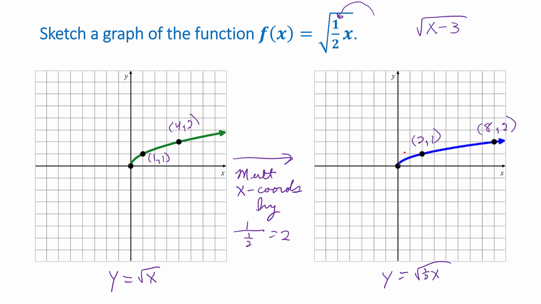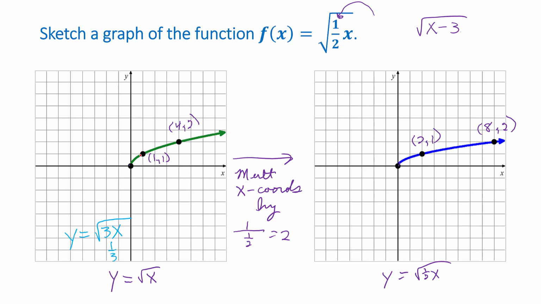If I want to look at a horizontal compression, let's just do an example there. Say I want to graph y equals the square root of 3x. What this is going to do is take each of those x coordinates on our original graph, and we're going to multiply the x coordinates by 1/3.